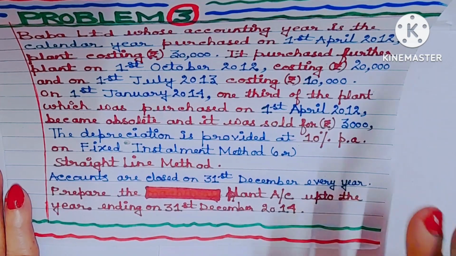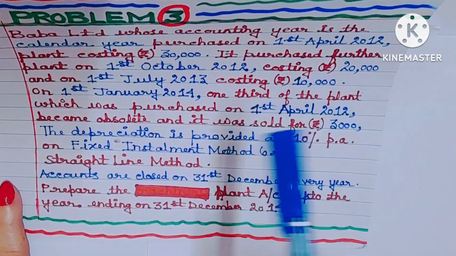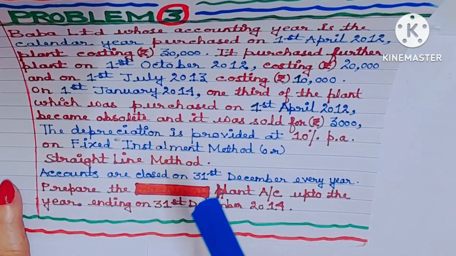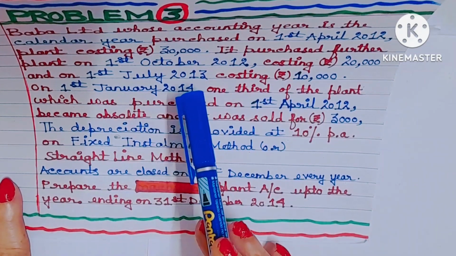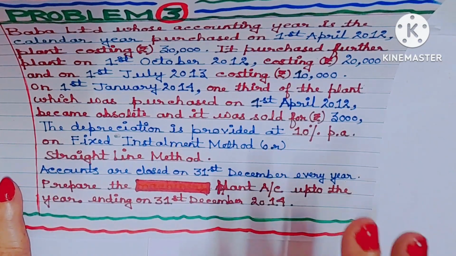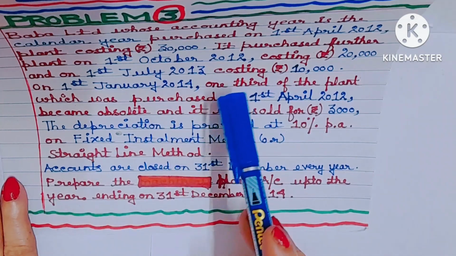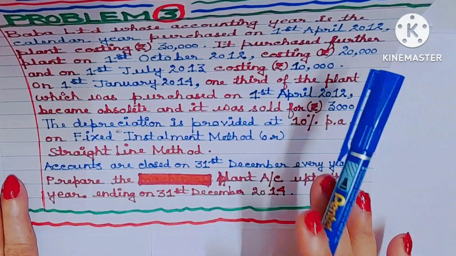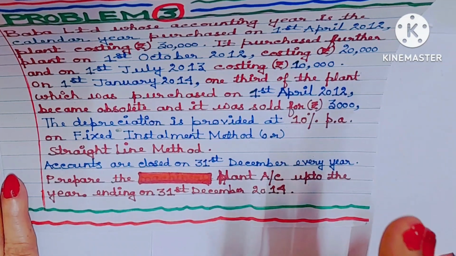So Baba Limited has purchased three plants. The first plant was purchased on 1st April 2012 for rupees 30,000. The second plant was purchased on 1st October 2012. So in 2012 only 2 plants were purchased.